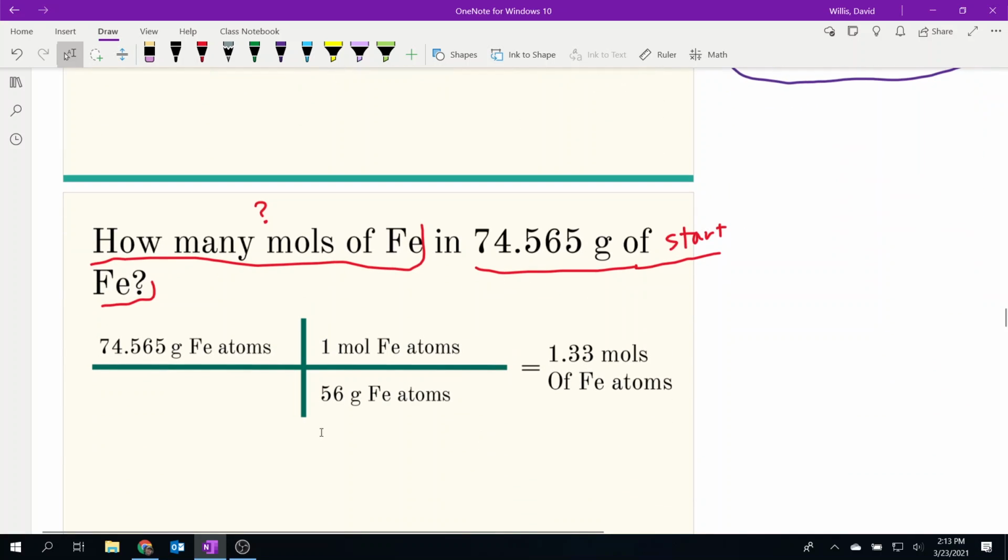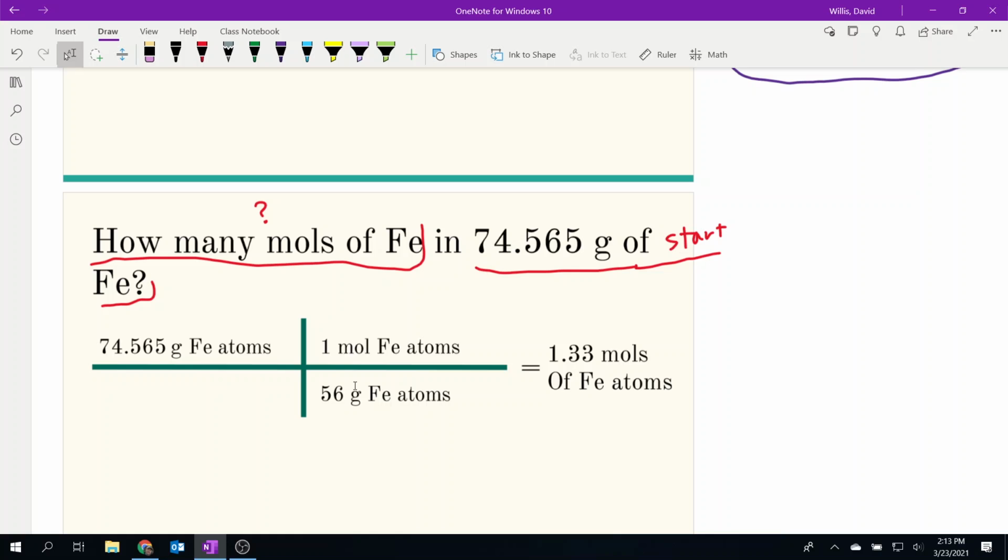The PowerPoint has chosen to round to whole numbers and be 56 grams of iron atoms. I have told you to choose 2 decimal places, and so that is going to be 55.85 grams of iron. We will still end up with basically the same answer, but it's all good.